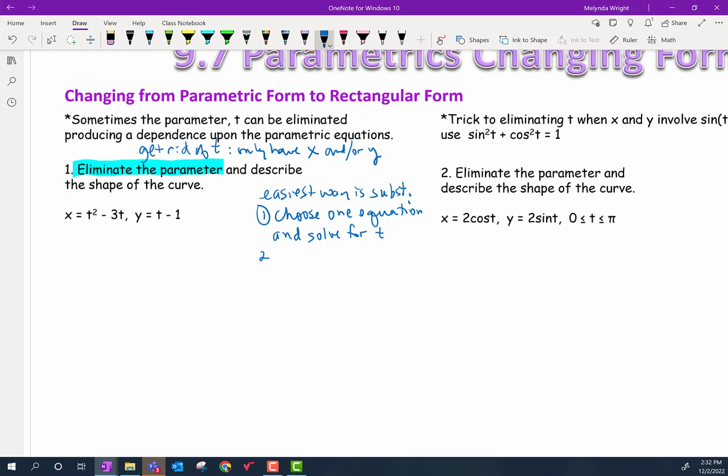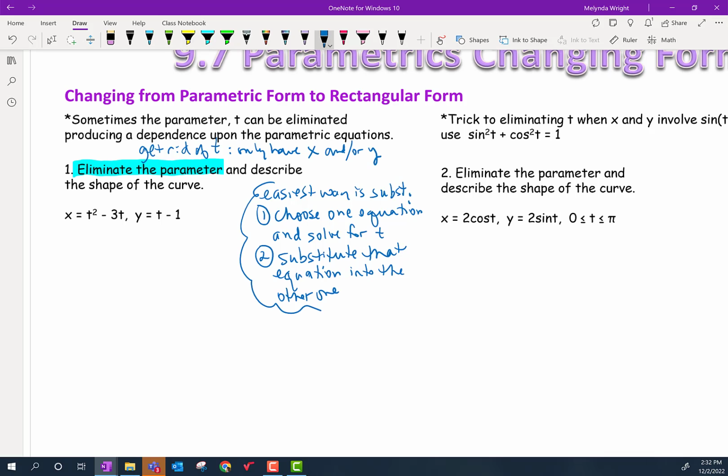The second step, what I would do is substitute that equation into the other one.